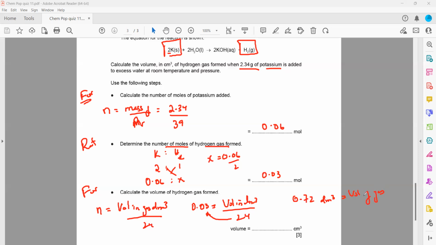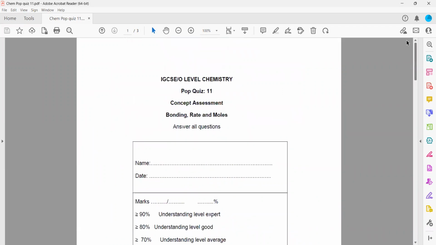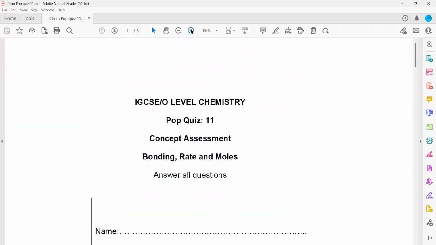But the question asks for cm cube, so to convert dm cube into cm cube, we multiply by 1000. So it will be 720 cm cube. So the first part we solved using a formula, the second by ratio, and the third also by formula. So this was a pop quiz related to bonding, rate, and moles.